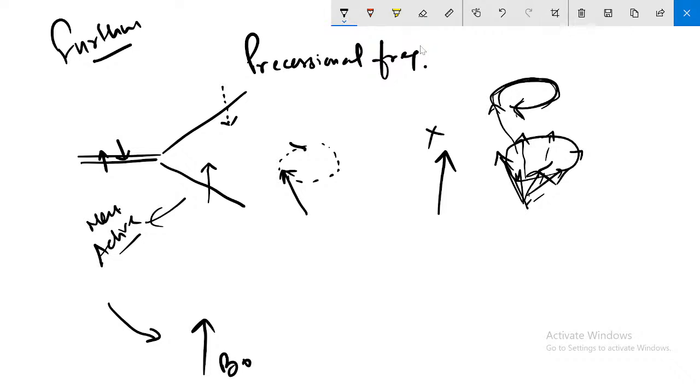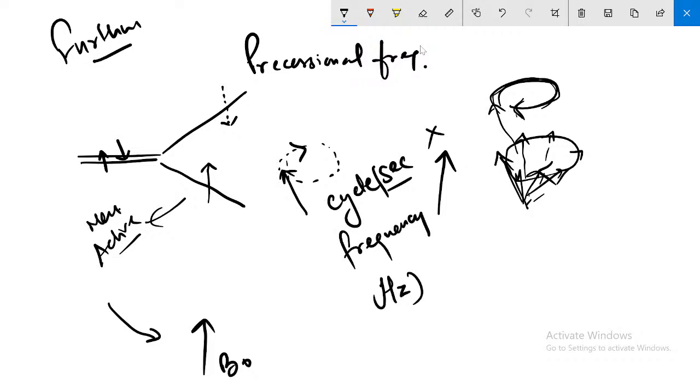If the direction keeps on precessing like this, it must have some cycles per second, a frequency, that we measure in hertz, cycles per second. It will rotate in cycles, and whatever cycles it takes in 1 second will be the frequency in hertz.